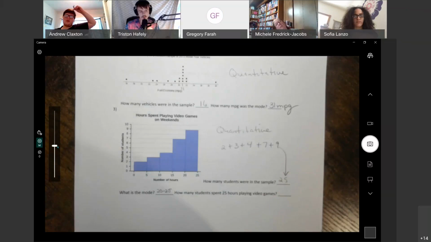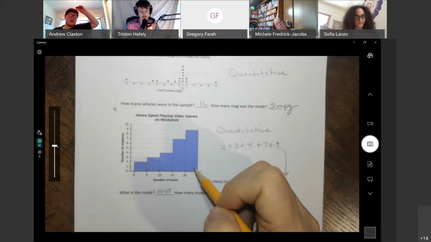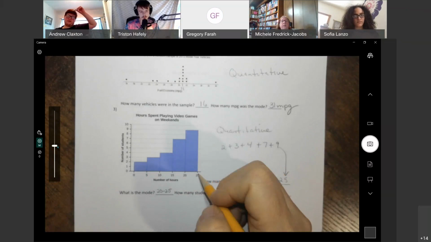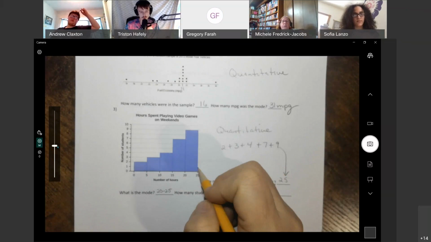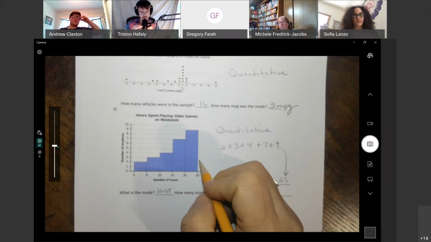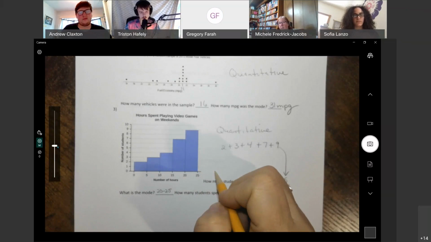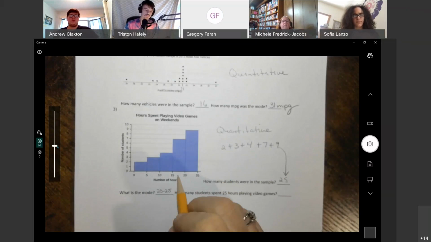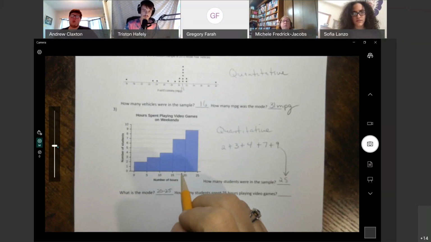If we said something in between here, we couldn't say. But remember, this number goes to the next one. So if there was any 25s, there would be another bar. Like this bar here, this is 15 up to, but not including 20.